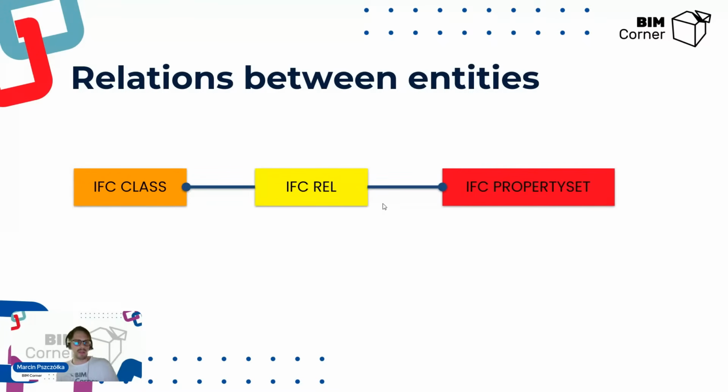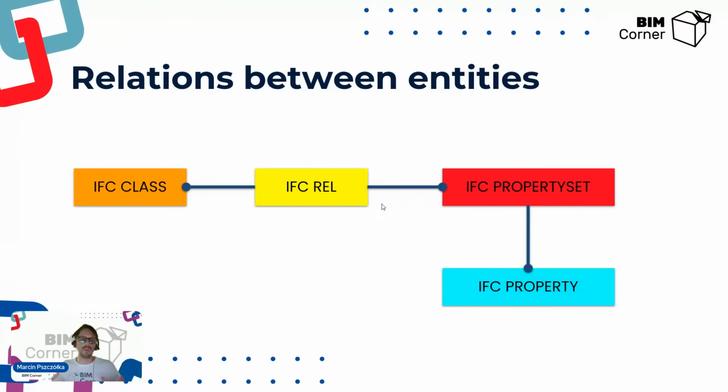You will see in a second how you can write it down. And at the end, of course, the property set has some properties, and these properties are also connected to the property set. So this is the main concept of how to attach your properties to the object. We go through the property set, which is connected through relations to the class.